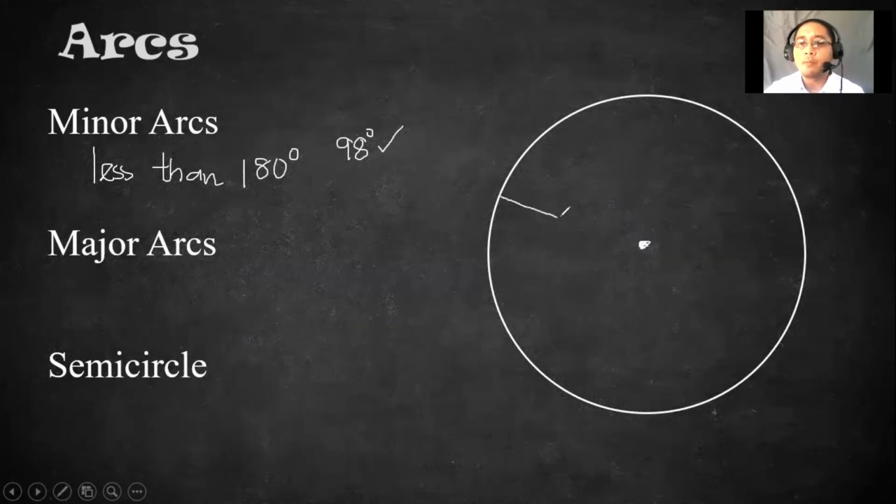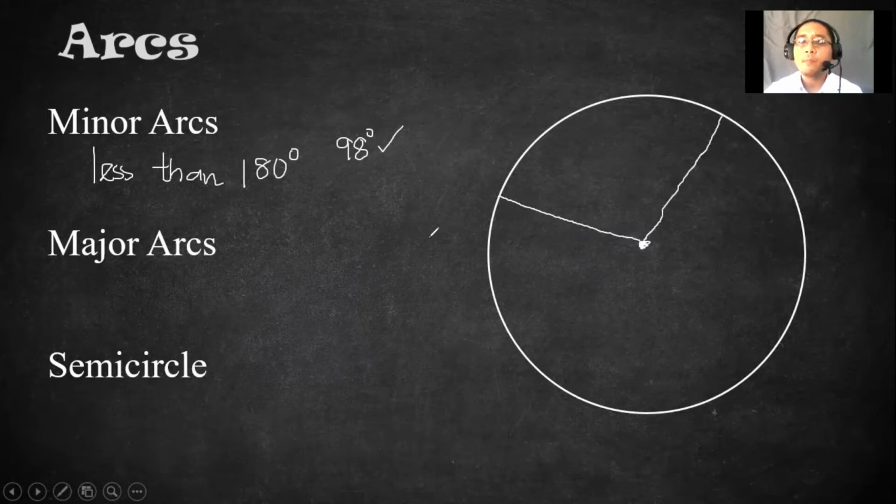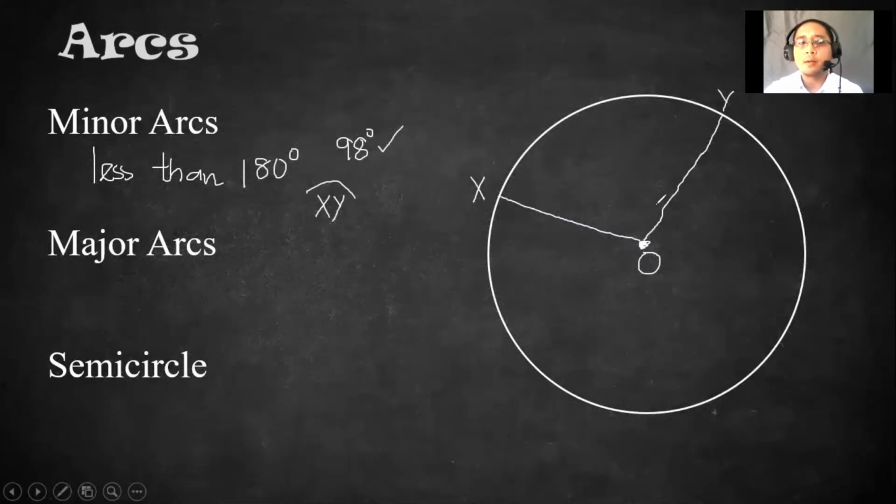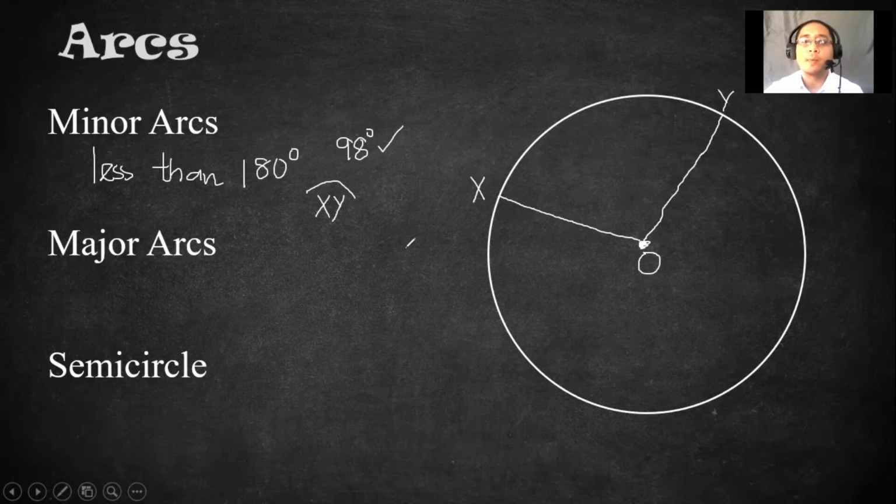We place those points there as X and Y, and our center point as point O. Based on the given illustration, arc XY is a minor arc. The angle is less than 180 degrees. Therefore, the given illustration is a minor arc.